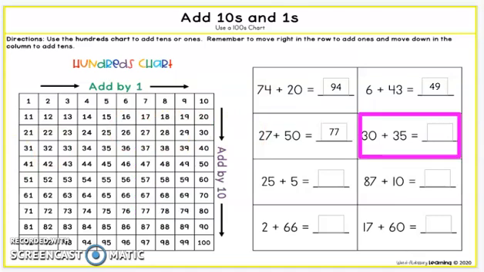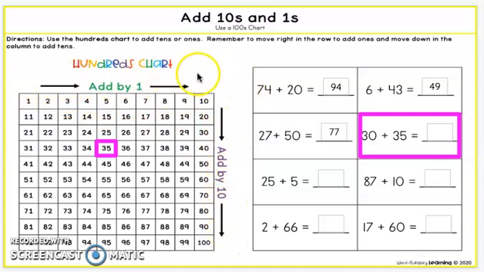All right, let's do one more together. Look at my problem. 30 plus 35. What number will I start at? Yes, I will start at 35. All right. Am I going to jump across the row or down the column?